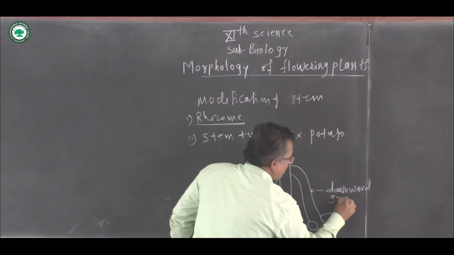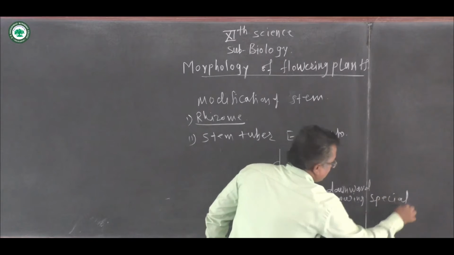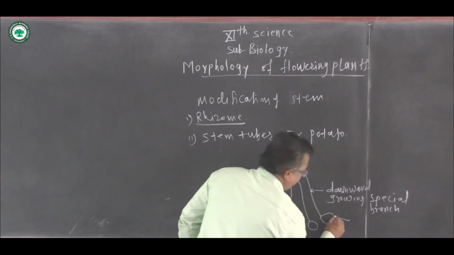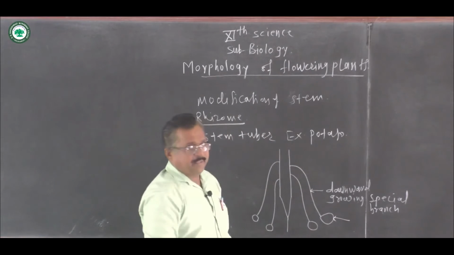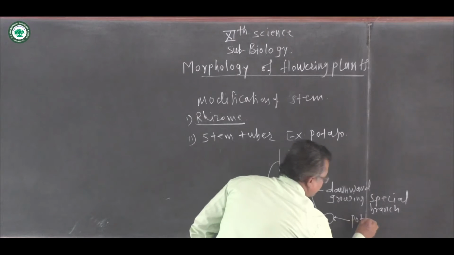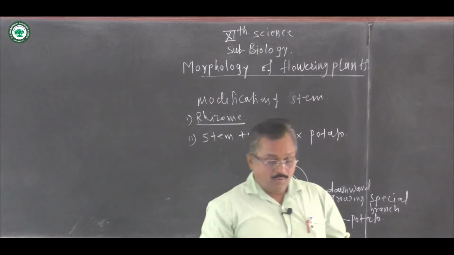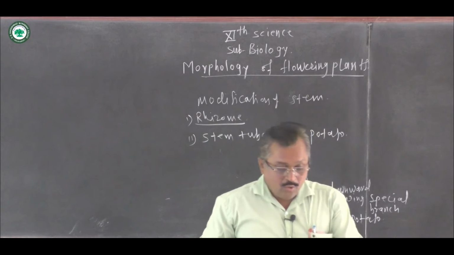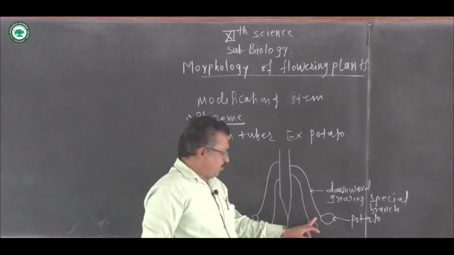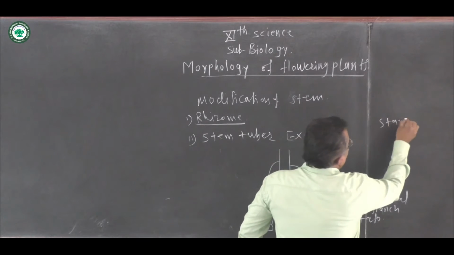The tip of this downward growing special branch gets swollen and enlarged, and forms the potato. This modification is for storage of food, which is stored in the form of starch.